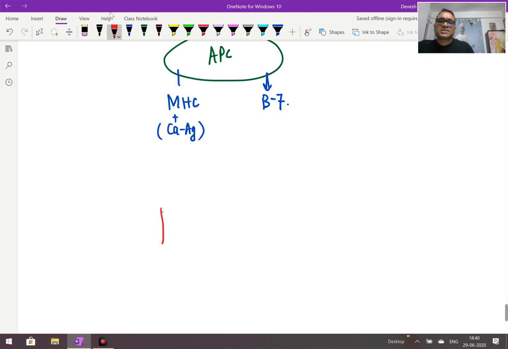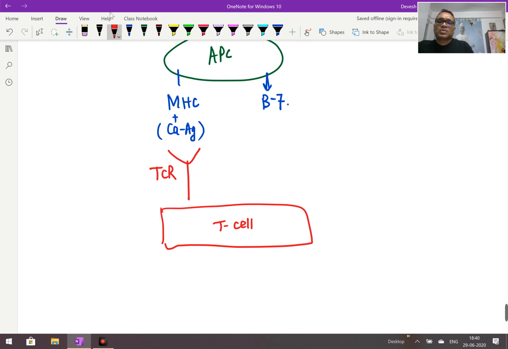Now we are seeing a structure of the T cell, right? The T cell is having a T cell receptor for the cancer antigen, right? So in this way signal 1 is completed, right? What we were anticipating is that signal 2 will also be completed and the T cell will be activated. Signal 2 will be completed by combining with this CD28 molecule.